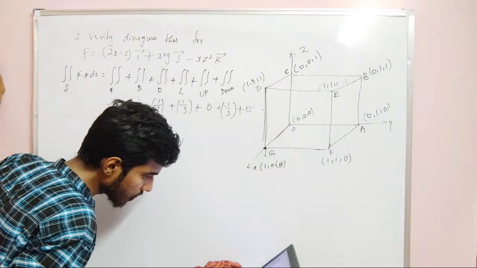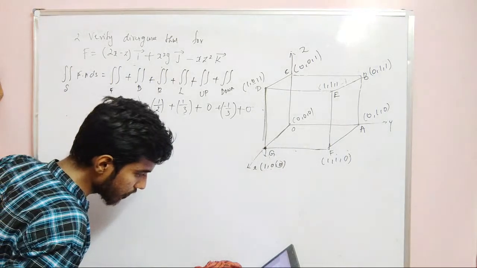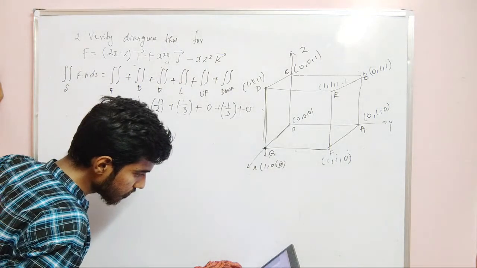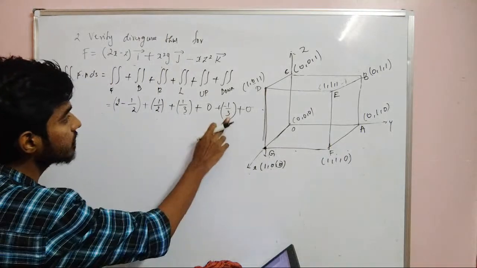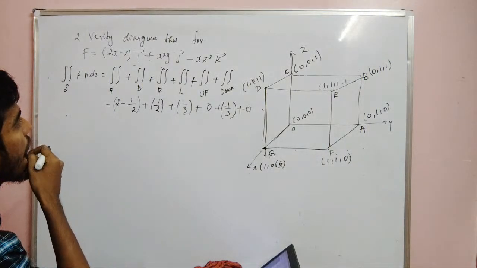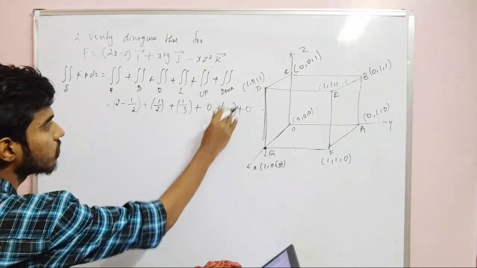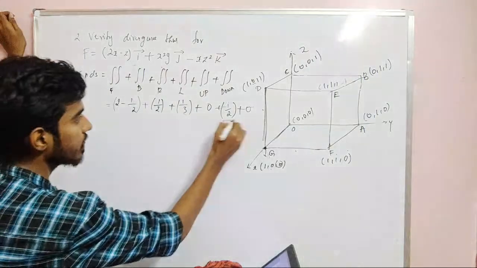For minus j it is 0, this is also right, and for this it is 1 by 3, this is also right, and for this 0, and this is minus 1 by 2. So actually we are getting this answer as minus 1 by 2. So we will verify this answer again.